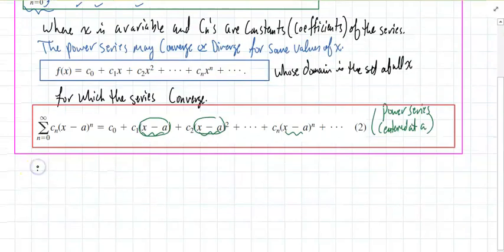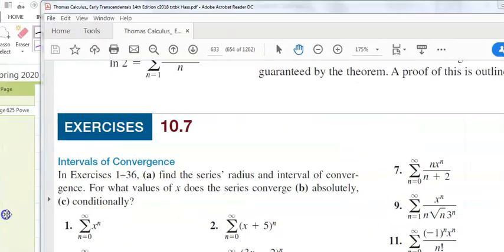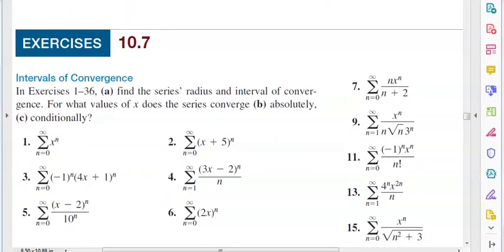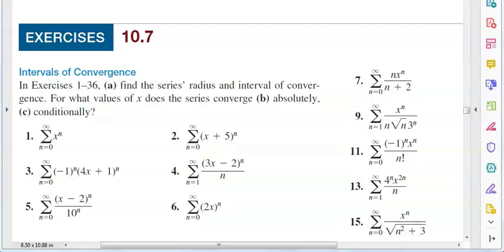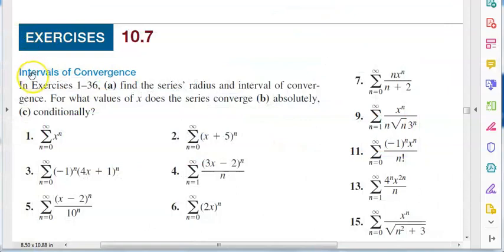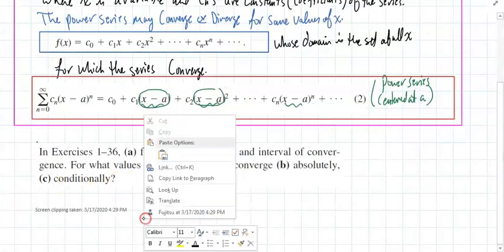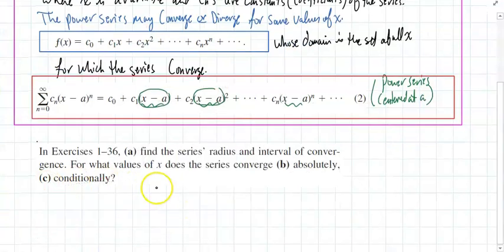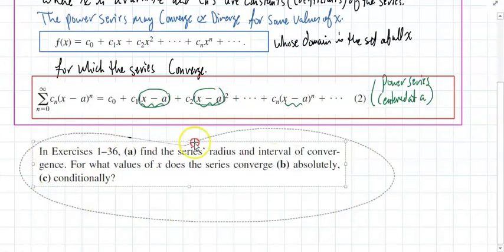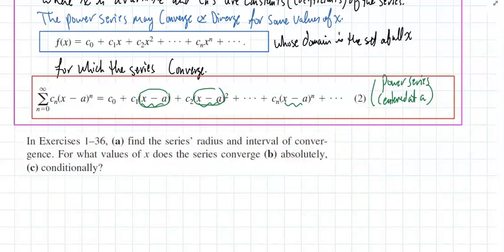So I'm going to take some problems from the book. We're going to look at an example, and directions state find the series radius of convergence and interval of convergence.